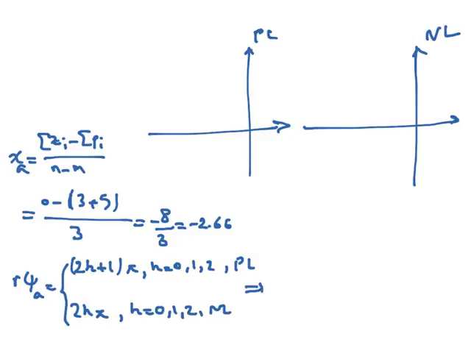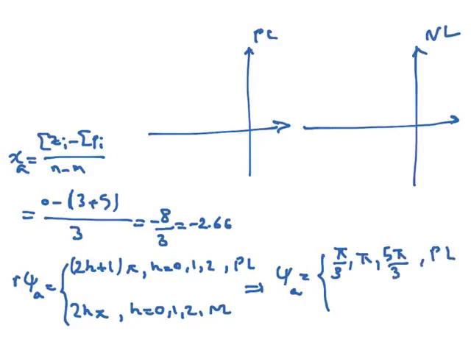And accordingly, r is equal to 3. The angle of the asymptote will be equal to, replacing h equal to 0, 1, and 2 and dividing by r, which is equal to 3, we will have pi over 3, 3 pi over 3, which is pi, and 5 pi over 3 for positive locus.